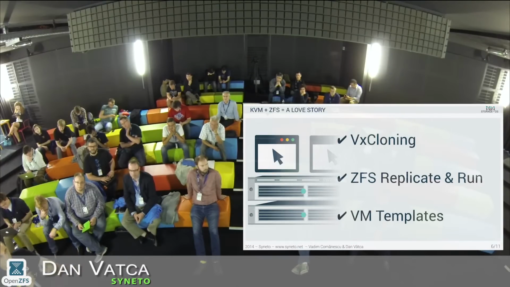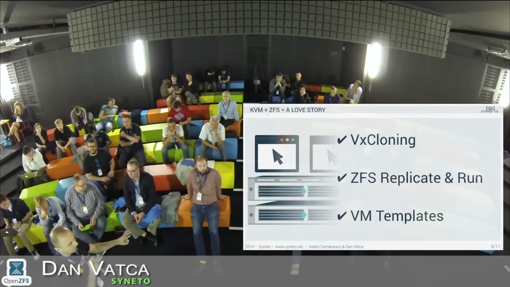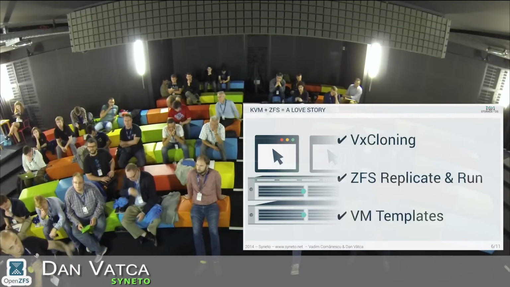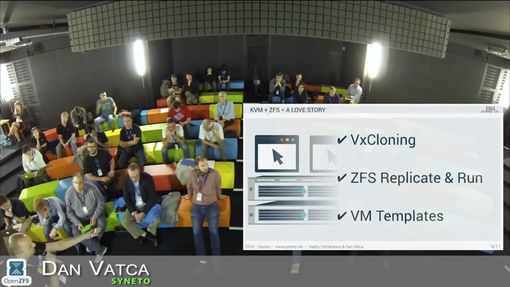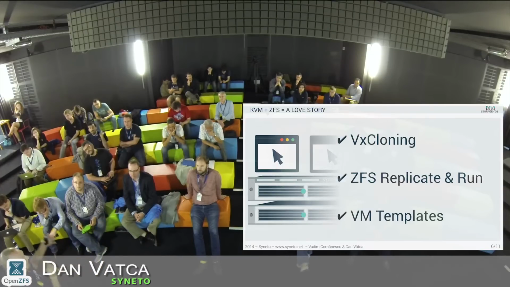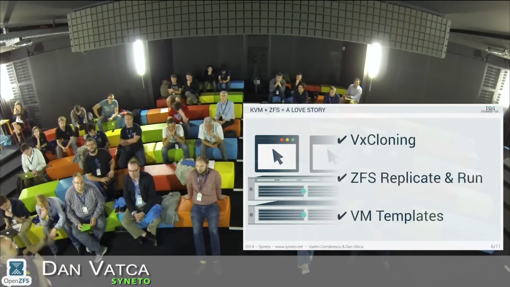And KVM is supported on certain hardware, and we are taking advantage of having KVM directly over ZFS, so that we can deploy very fast clones, something similar to what Delphix does with databases, but we're doing that with appliances or virtual machines that run directly on the appliance. So you have a template and you can instantly provision a lot of machines.